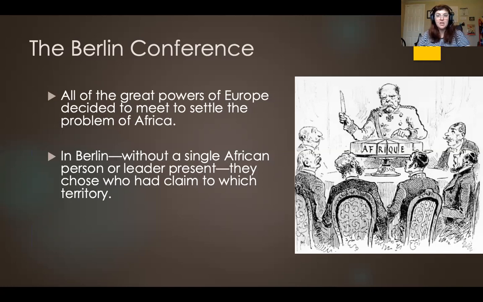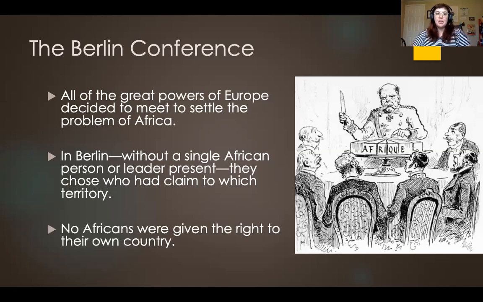It was all European countries, leaders sitting down and literally drawing lines on a map. And no Africans were given the right to own their own country, to own the pieces of land that they had lived on for thousands of years, right? It was just basically like Europeans said, we have the right to this territory and we're going to take it. And it doesn't matter what the people who actually live there want.